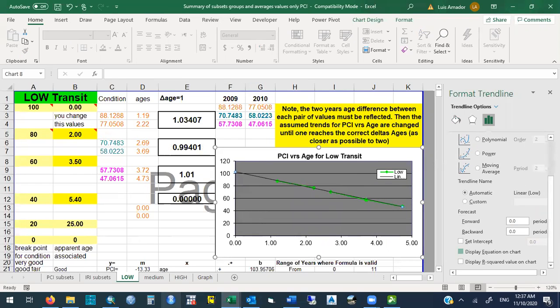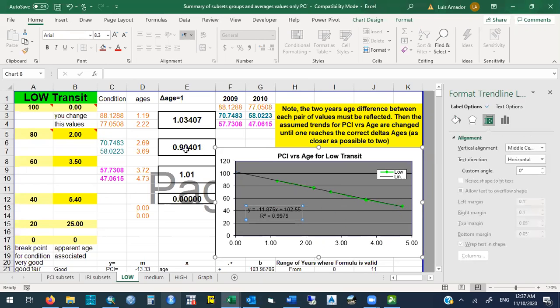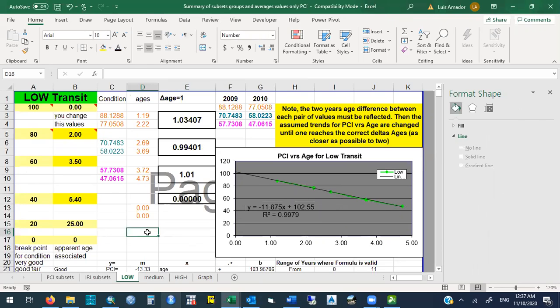Linear. Okay, so that's my equation. PCI is Y, right? And X is my apparent age.